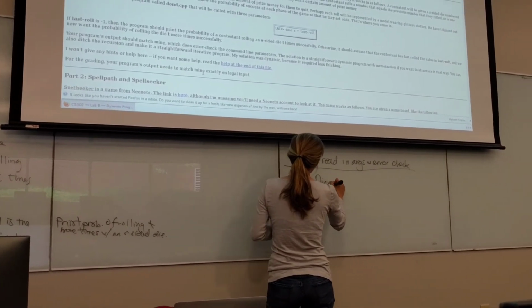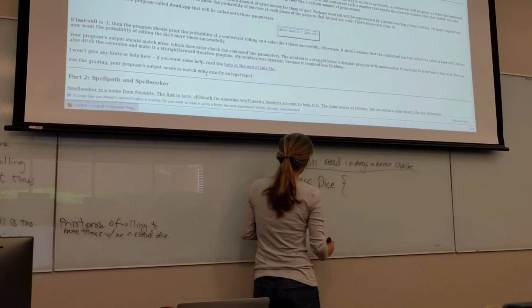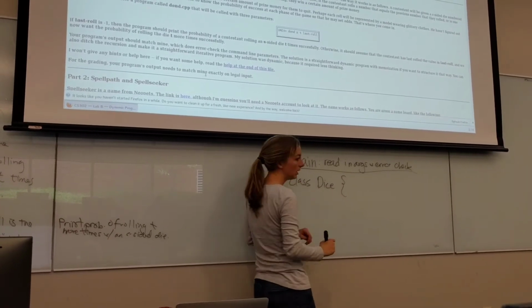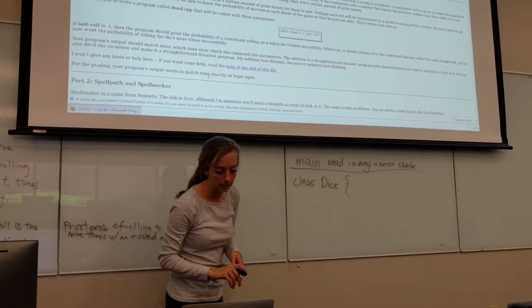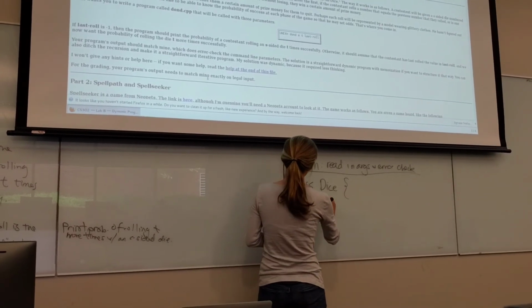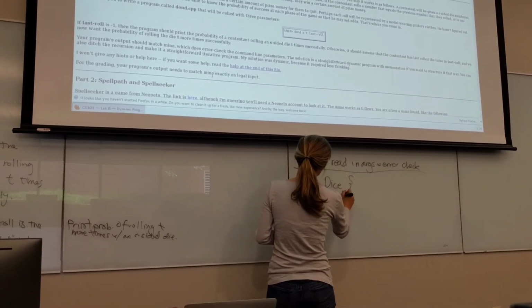I call it dice. That has a recursive call in it, your cache, and I kept track of S because this is not going to change.